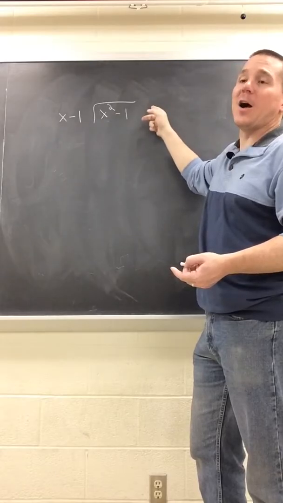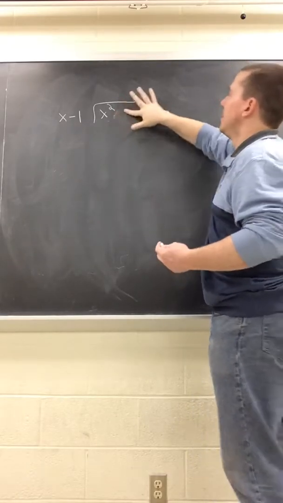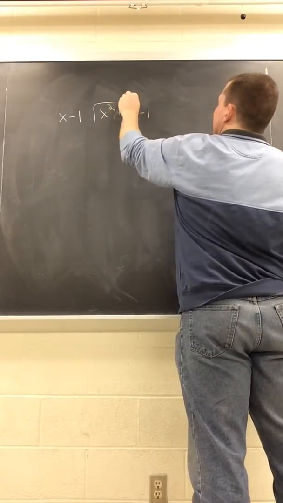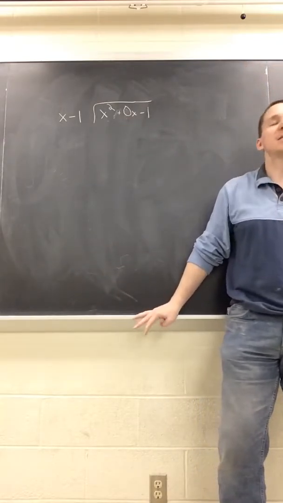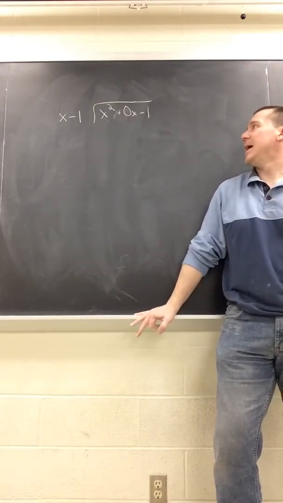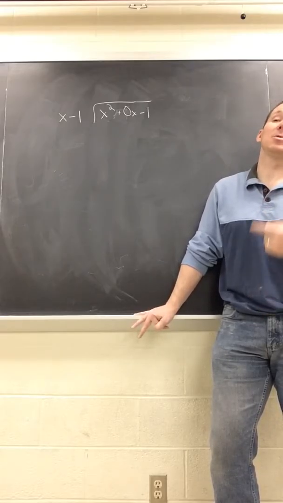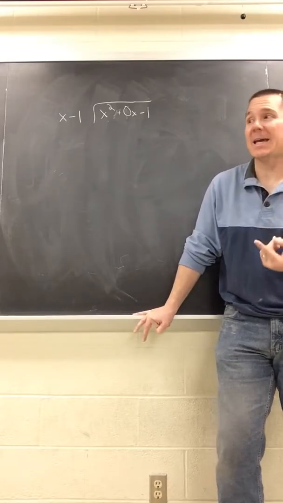If all the powers are not there, put a placeholder in there, a 0, to account for them. So, x squared plus 0x minus 1. It's just a 0, so it's not really doing anything. It's just a placeholder to keep things neat and organize everything for us. We might need the placeholder, we might not. We won't know until we solve the problem.